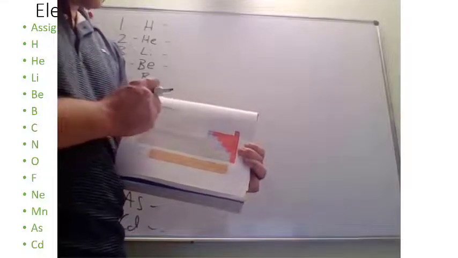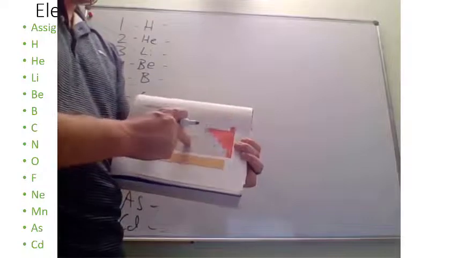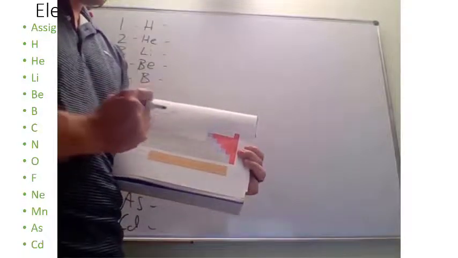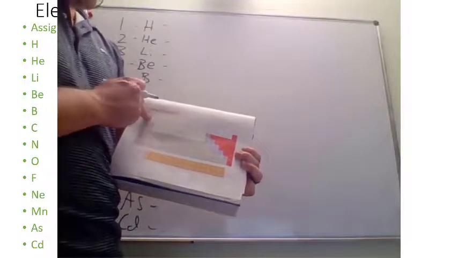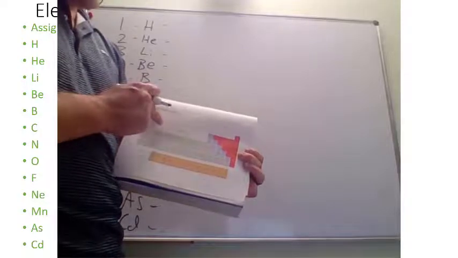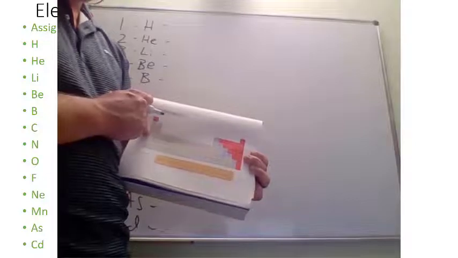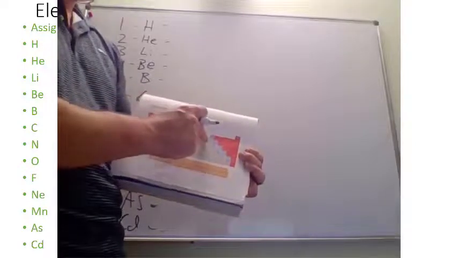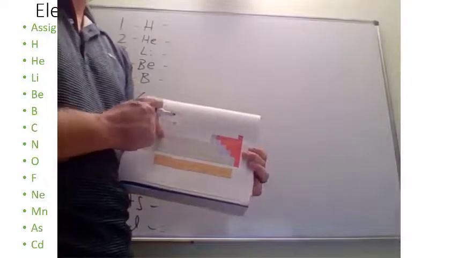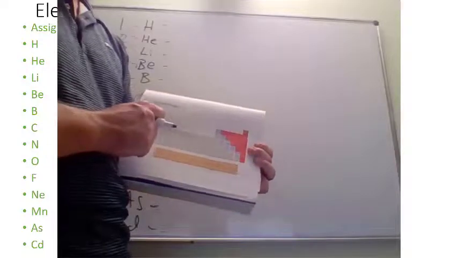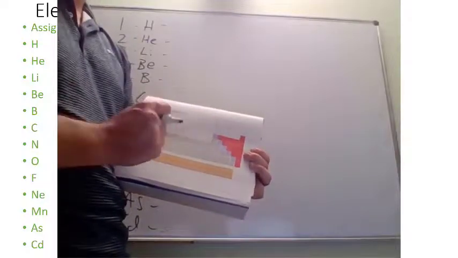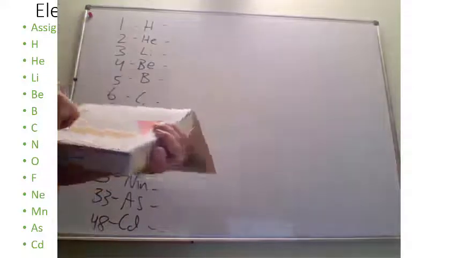For each one, you look at the S block, the P block, the D block, and count them out, knowing that the first row is energy level 1, second row energy level 2, third row energy level 3, fourth row energy level 4 for the S and P blocks, but that top row on the D block is energy level 3. You simply count off blocks, and that's how many electrons are going to be in each different orbital type.